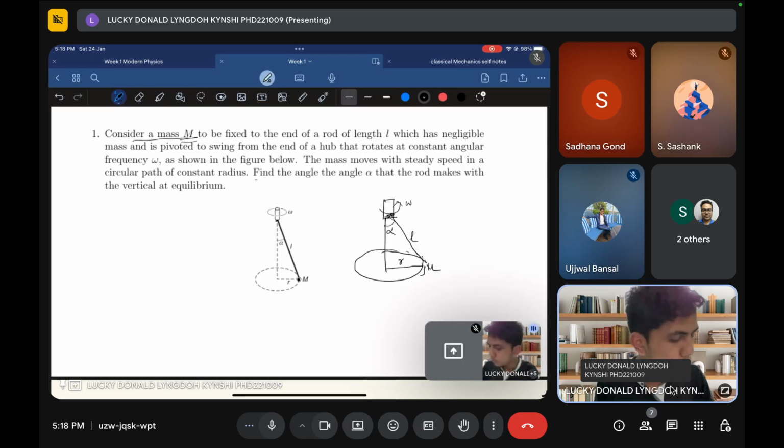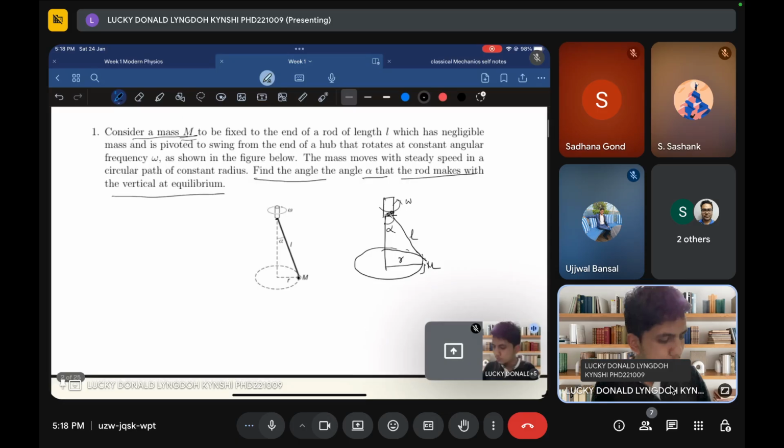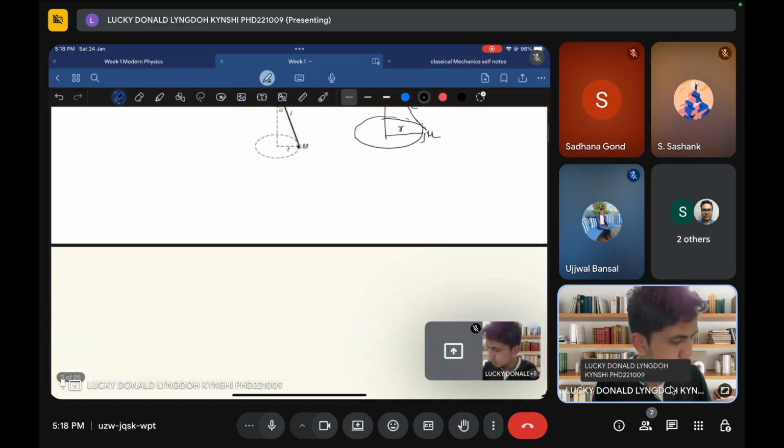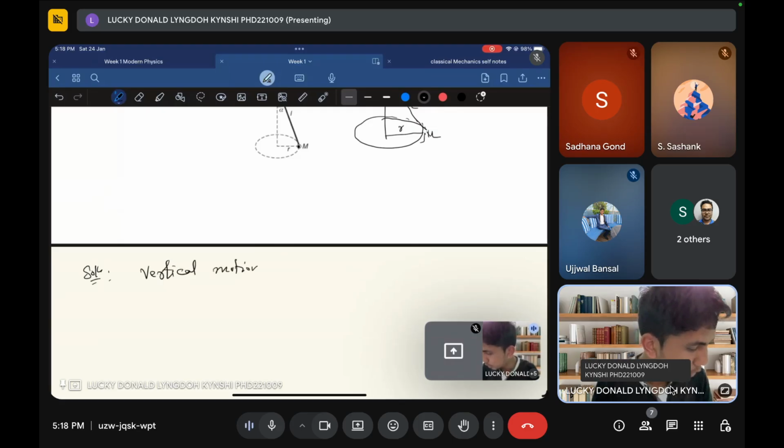The question is, find the angle alpha that the rod makes with the vertical at equilibrium. So how do we solve this problem? We can start using the vertical motion. What happens in the vertical motion?